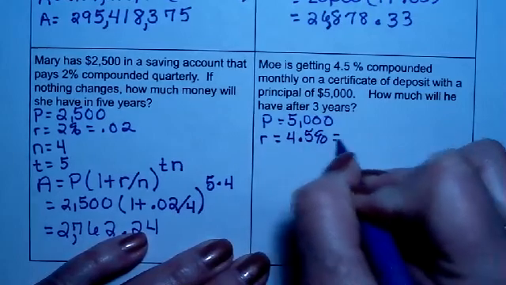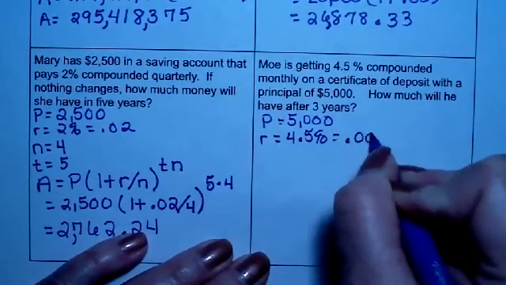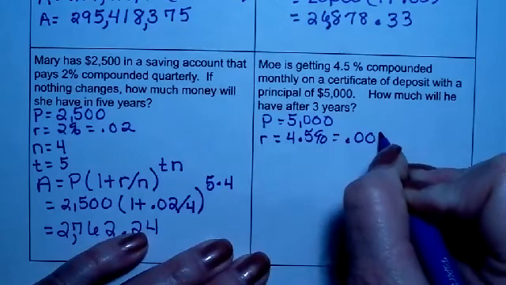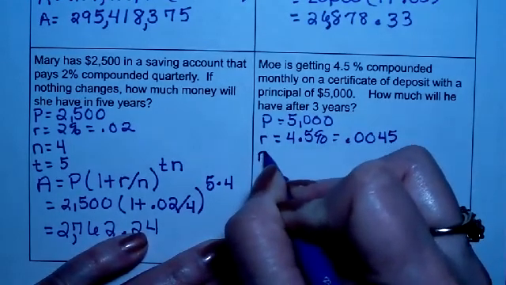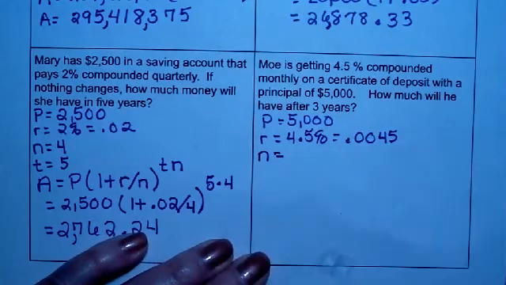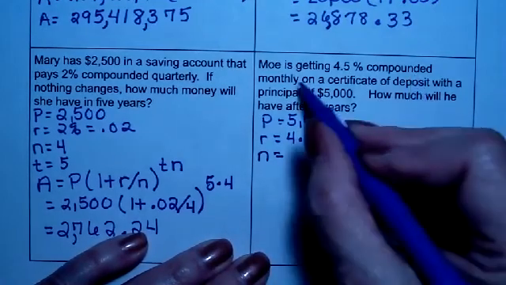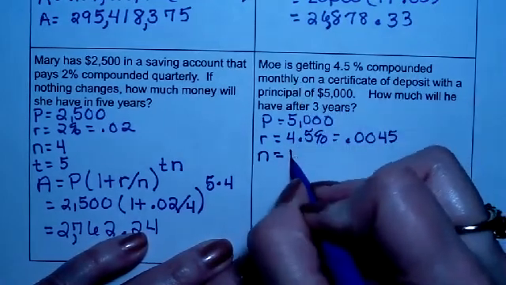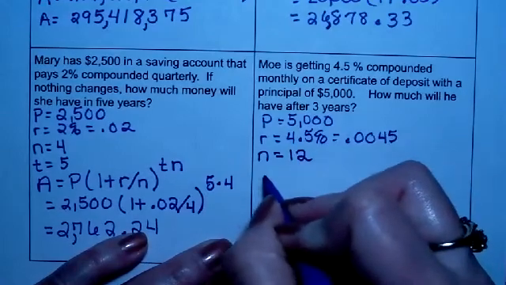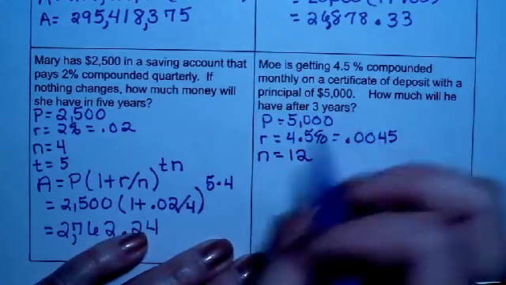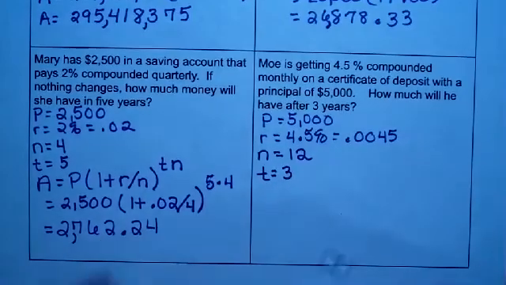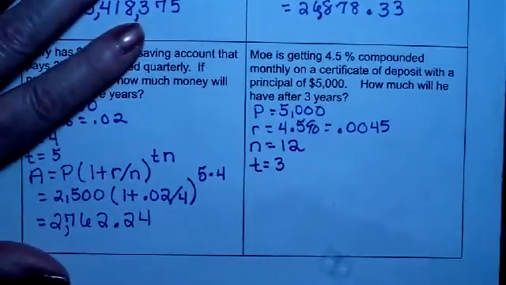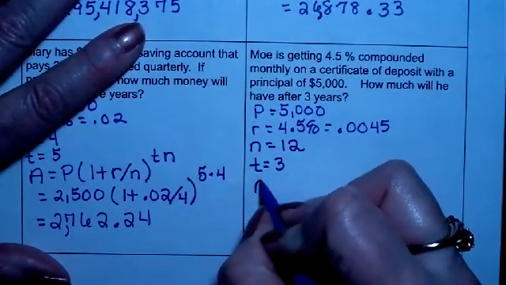But you know, move that decimal over 2 places, so 0.0045. Our N right here, it says it's compounded monthly, so that N would be 12. And it says how much we have after 3 years. So T is 3.